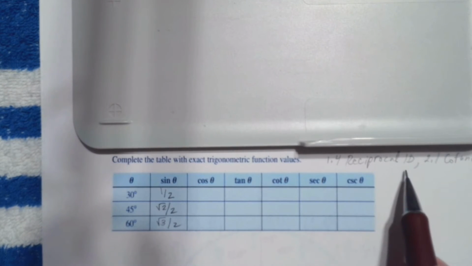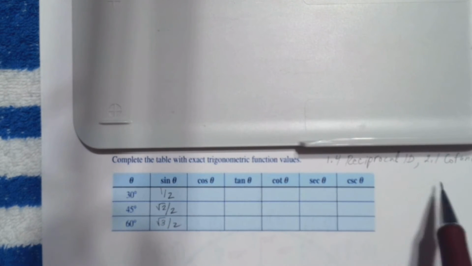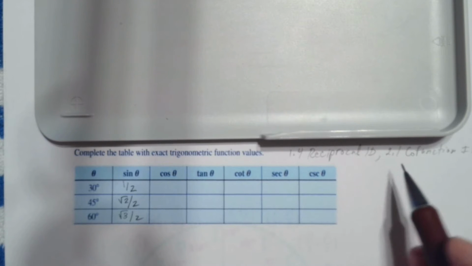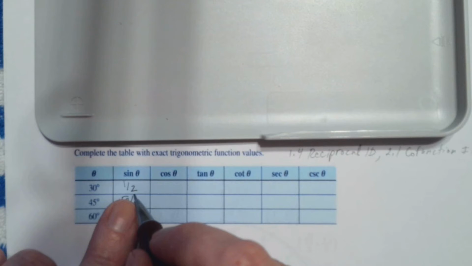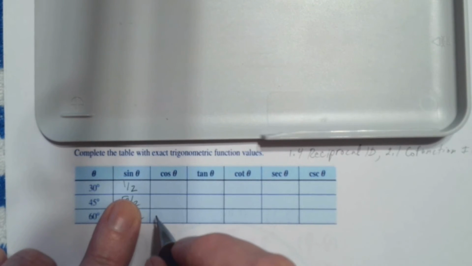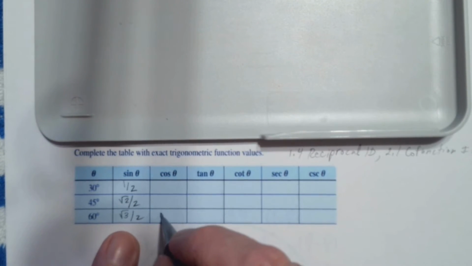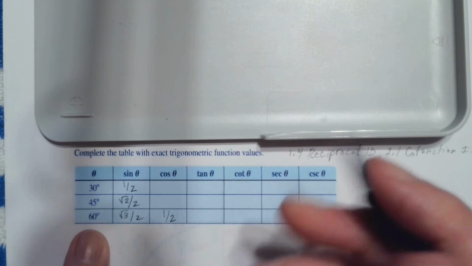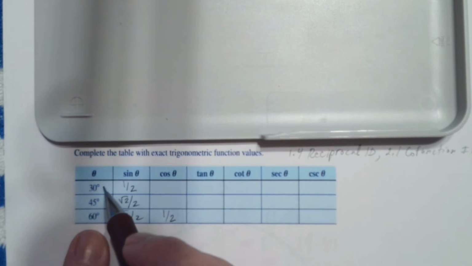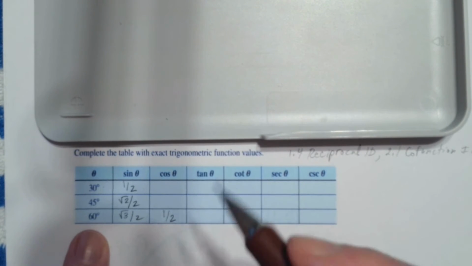So we learned about the reciprocal identities in section 1.4 and the cofunction identities in section 2.1. We know that if the sine of 30 degrees is 1/2, then the cosine of 60 degrees would also be 1/2, because notice 60 and 30 is 90. Or you could say 90 minus 30 degrees gives us the 60 degrees.